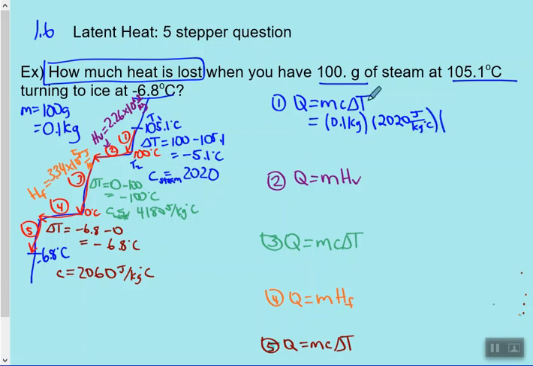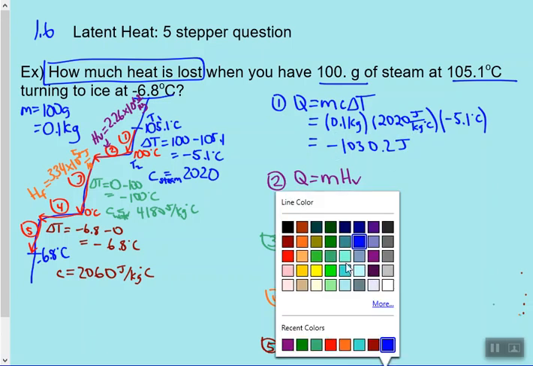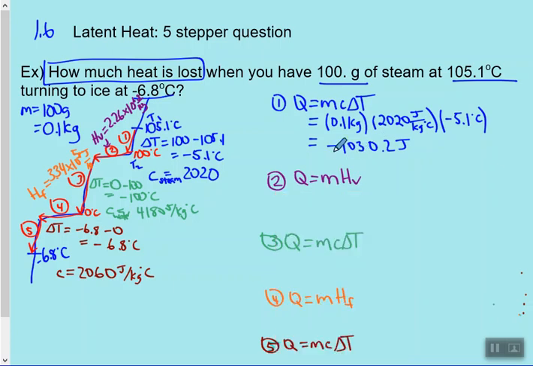And our change in temperature is we're going down, negative 5.1 degrees Celsius. Okay, calculating that, and we get negative 1030.2 joules.